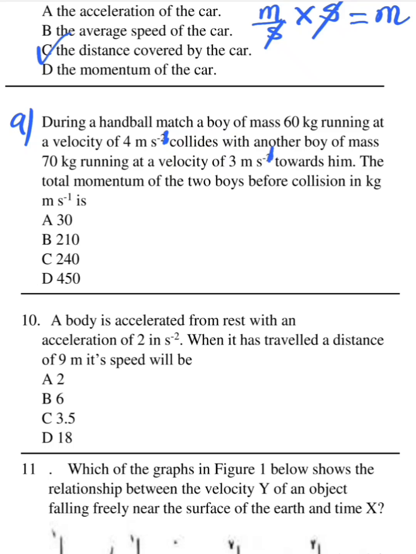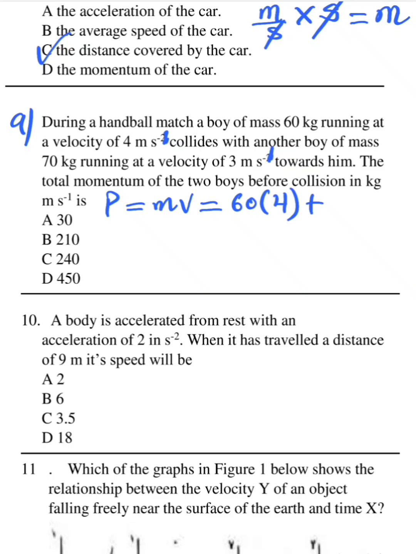The total momentum of the two boys before collision in kilogram meter per second is, so to have momentum, first the definition, momentum is mass times velocity. Momentum of the first boy would be the mass 60 into the velocity, which is 4, plus they want the total momentum, so I have to add the momentum of the other boy.